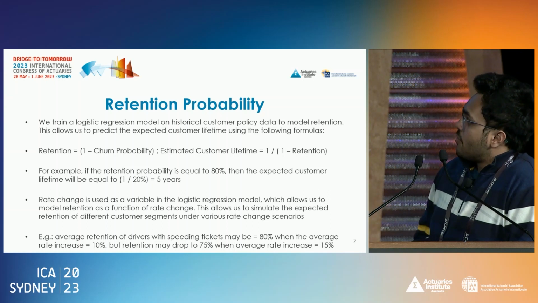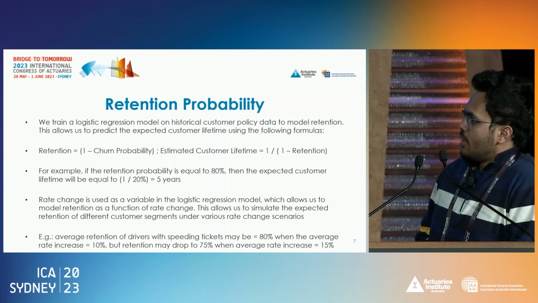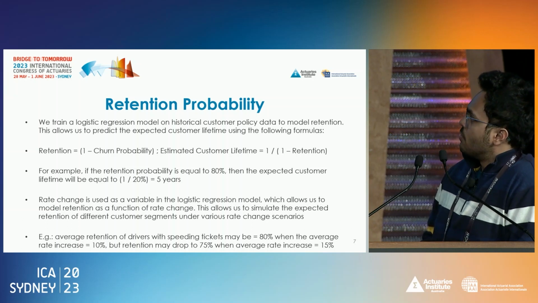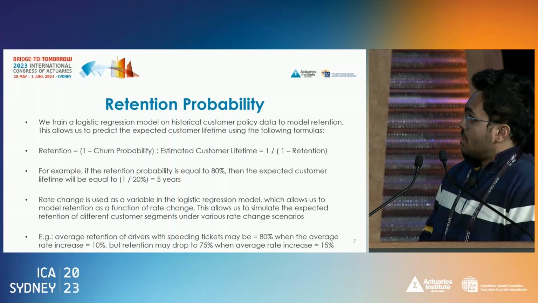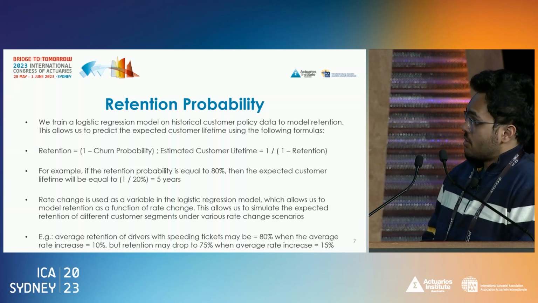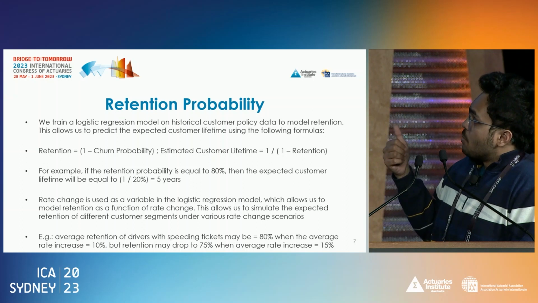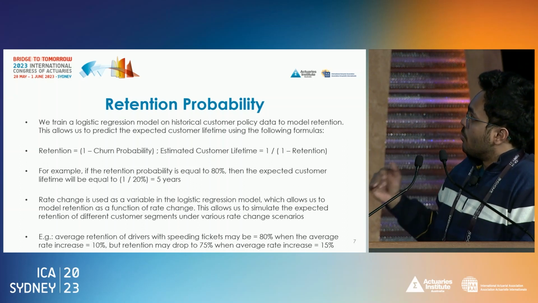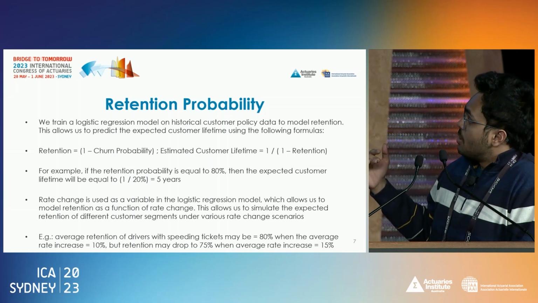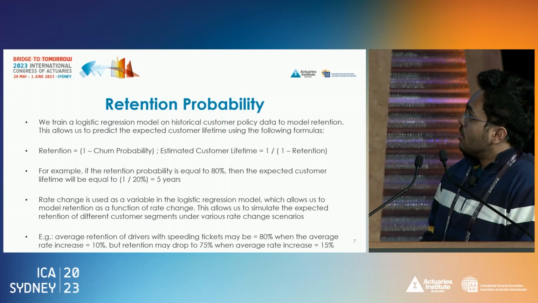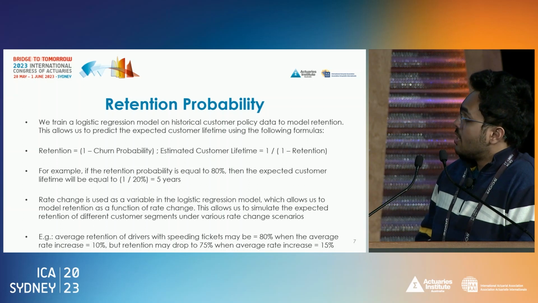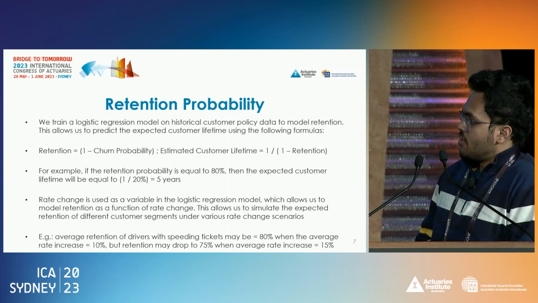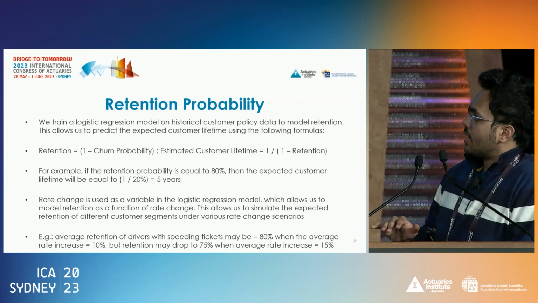So for example, if an insurance company finds a customer segment where the average duration might be only 2.5 years versus a different customer segment where the average duration would be 5 years, it is more likely that they would be able to increase the profitability of a customer which is likely to stay with them over 5 years because their loss experience would get averaged out.